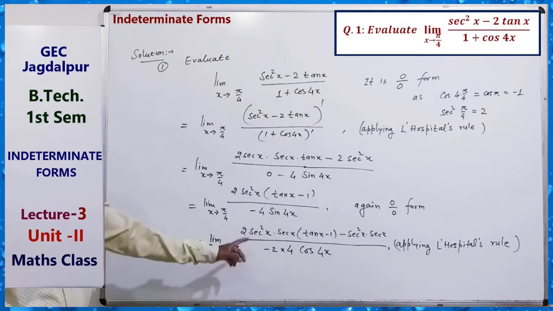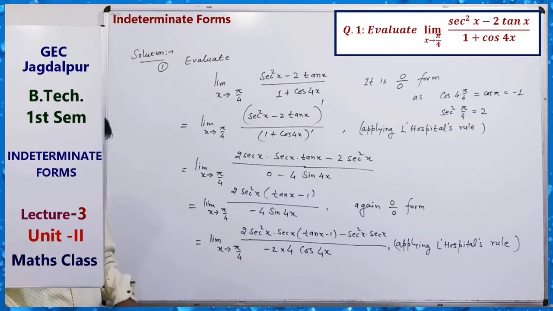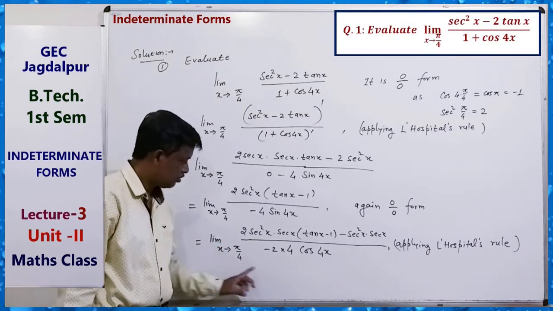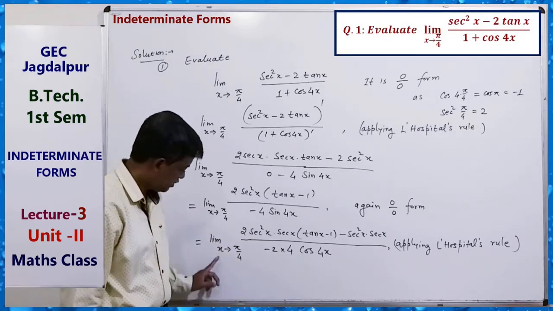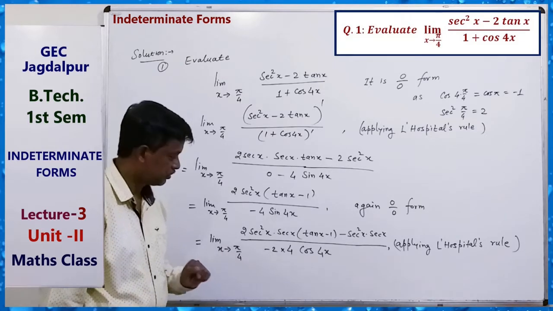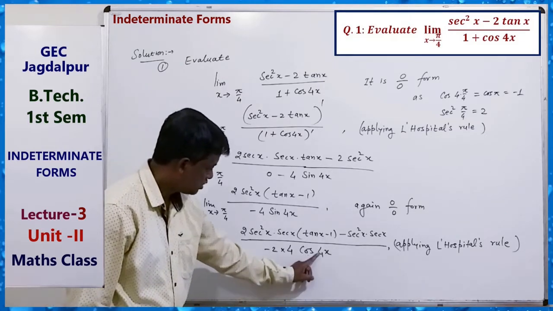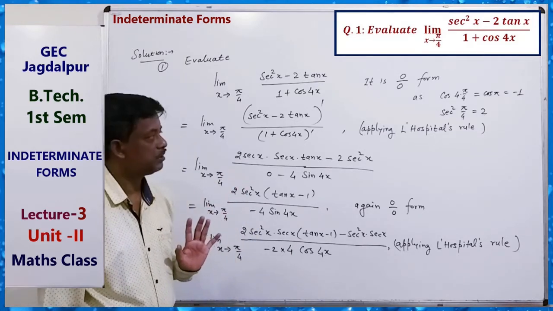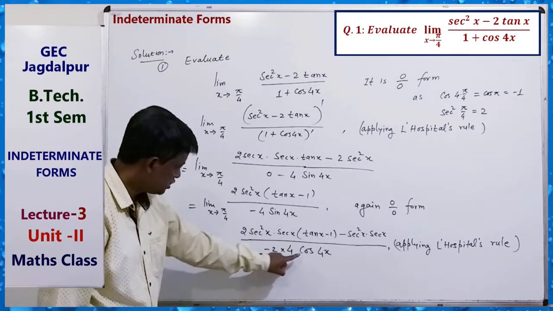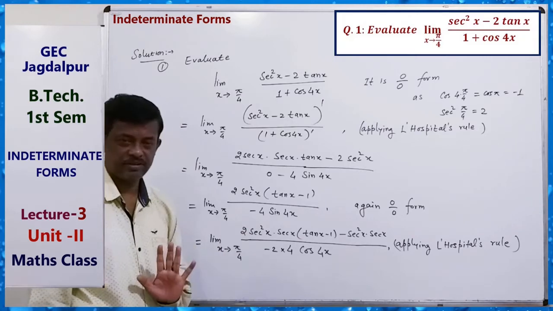So we will get like this. So here we can see that cos, x tending to pi by 4, cos 4 into pi by 4, cos pi is minus 1. So this is minus, minus plus 8.